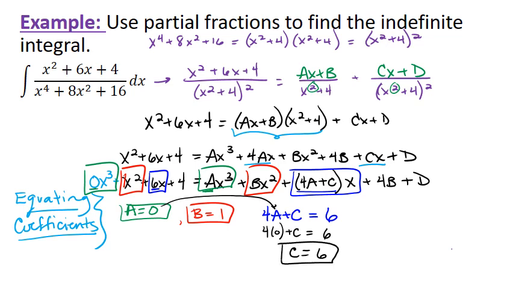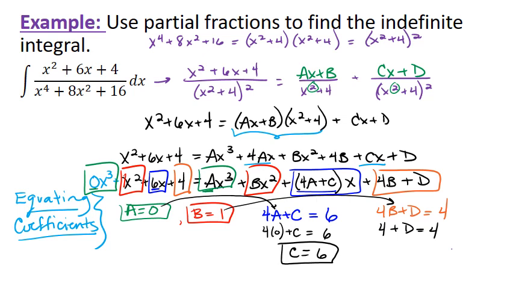Okay, well now I have my last term, which is 4. That's just the constant. These are constants. So I know that these must equal 4. So 4b plus d must equal 4. Well, I know that b is 1, so 4 times 1 is 4, plus d is equal to 4, so I find that d is equal to 0.